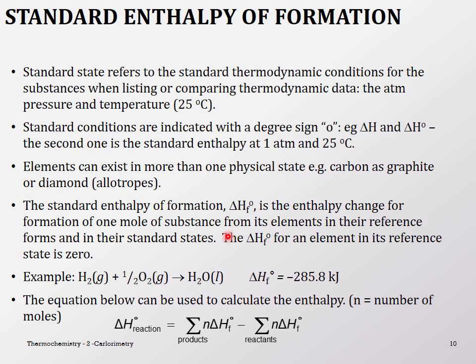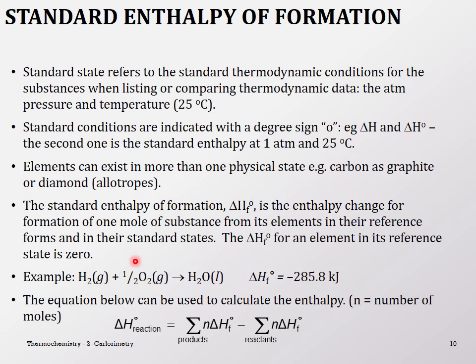And the interesting thing about delta H formation is that delta H formation for an element in its reference state is considered to be 0. What that means is that things like oxygen, things like zinc, that is their elemental state. So if it's in its elemental state like that, then the delta H is going to be 0 for it.